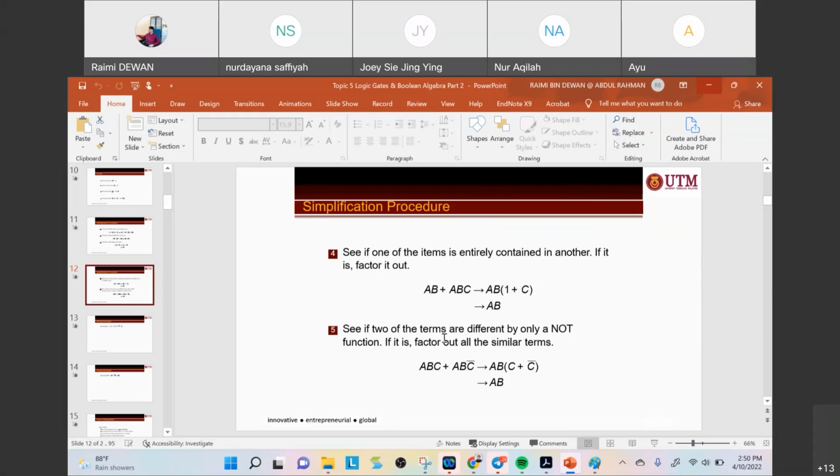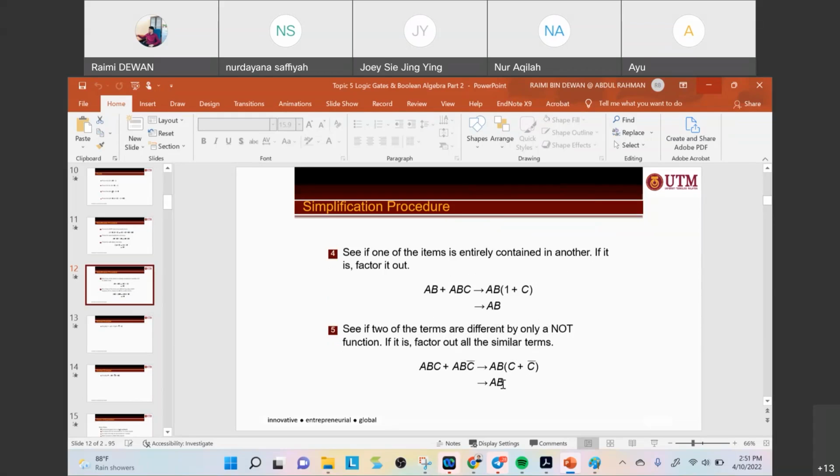See if two of the terms differ by only a NOT function. If so, factor out all the similar terms. So you have ABC plus ABC bar equals AB times C plus C bar.